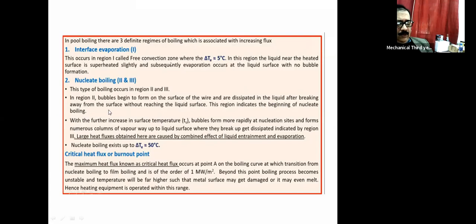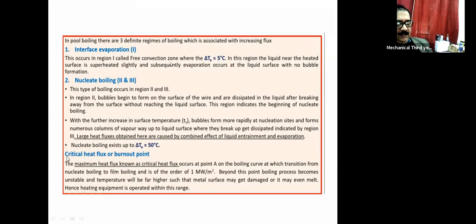With further increase of temperature, bubbles form more rapidly at nucleation sites and form numerous columns of vapor rising up to the liquid surface. Now the vapor formation starts, and nucleate boiling exists up to about 50 degrees Celsius.